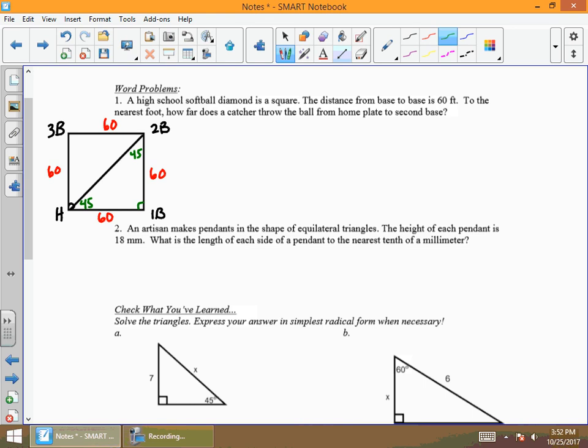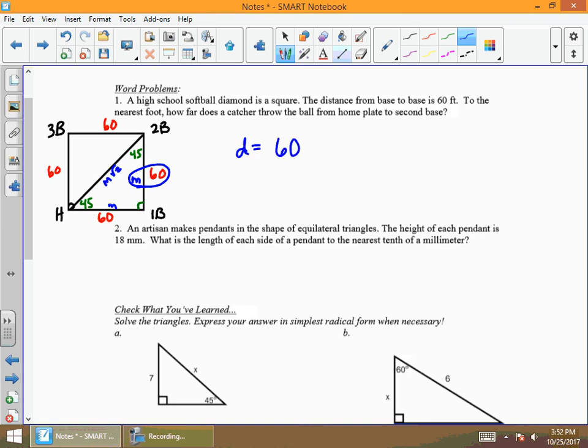Since this is a 45, 45, 90 triangle, this means my sides are m, and the hypotenuse is m radical 2. So in this case, this distance that the catcher must throw, if m is 60, right here, it says m is 60, then that distance is m radical 2.